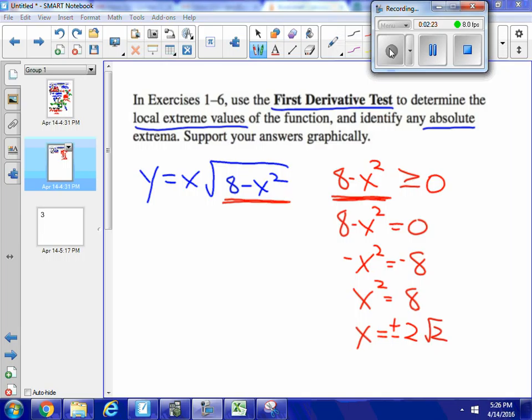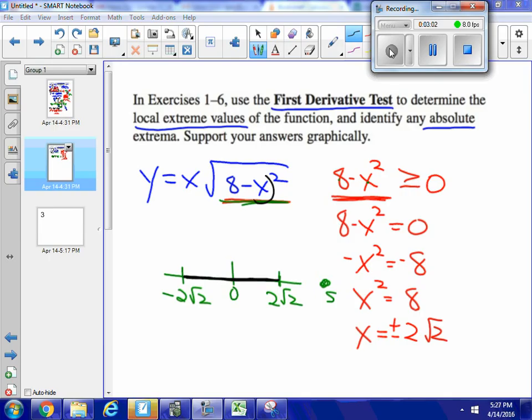If I had a number line here, and here was 0, and here is positive 2 radical 2, and here is negative 2 radical 2, I know that if I start getting into numbers like way out here, like say 5, 5 squared is 25, and if I go 8 minus 25, that's going to be a negative number. That's not going to fit in our domain. So what I know is that my domain is going to have to be between these two numbers.